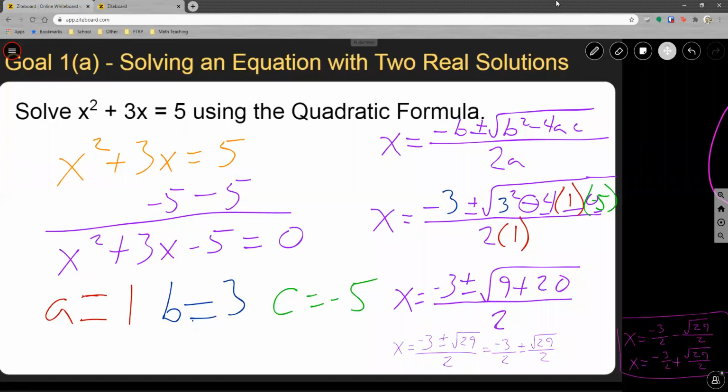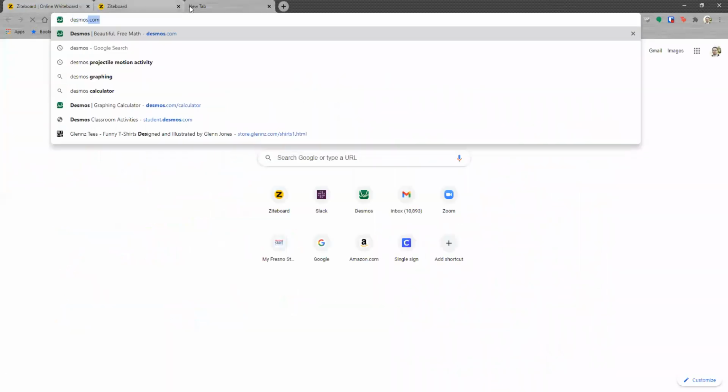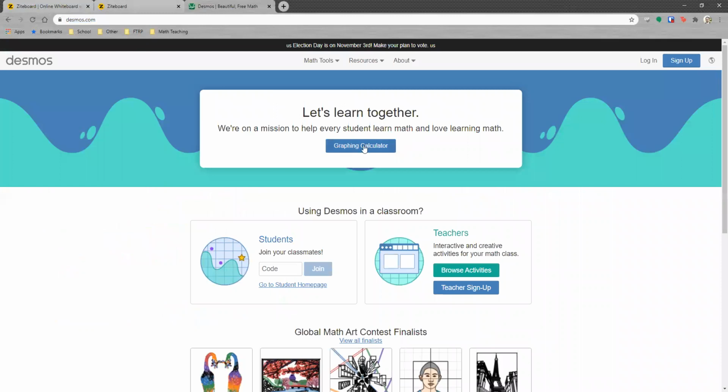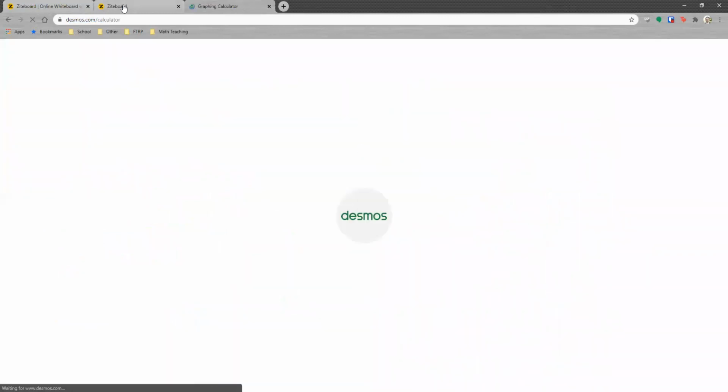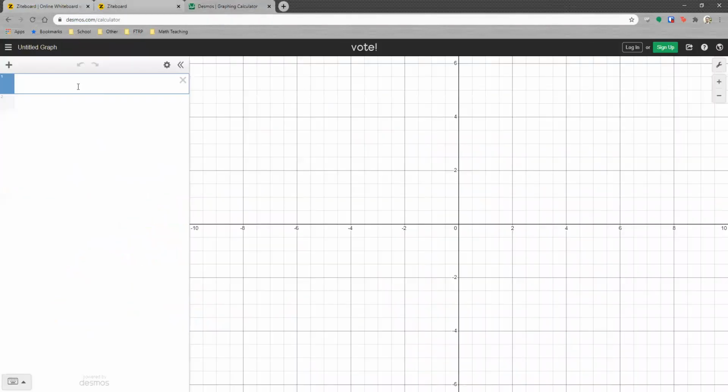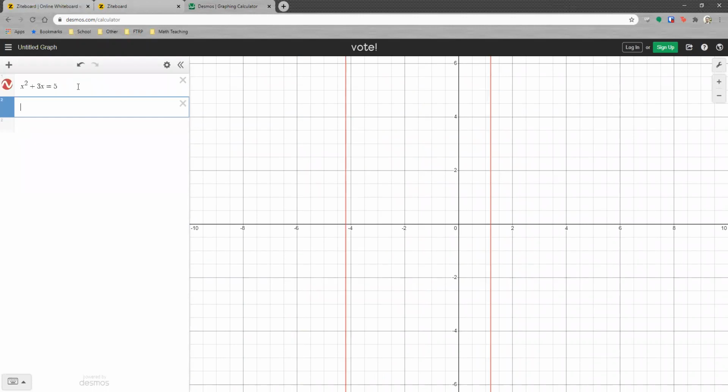I, of course, could check this if I wanted to using something like Desmos. Go into the graphing calculator. X squared plus 3x equals 5. Plug it in. Those are my 2 answers right here.